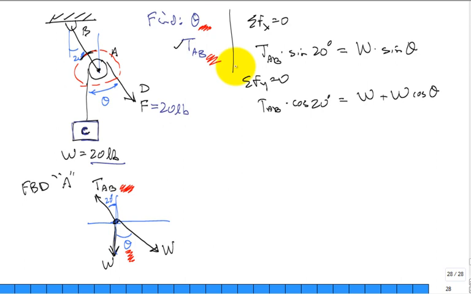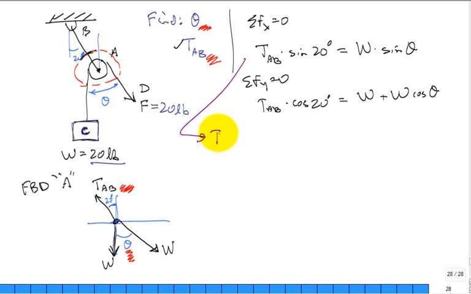So typically you'll grab this one and say, which one do you want to eliminate? You either choose to eliminate theta or TAB. Which one do you think would be best to eliminate? TAB. After you solve a few of these, believe me, I've chased my tail so many times solving statics problems, it's not funny.